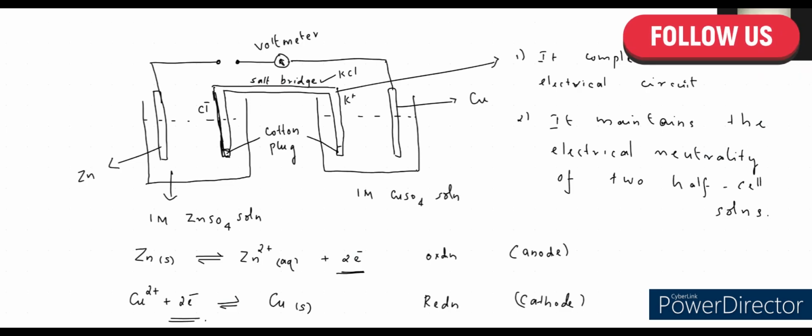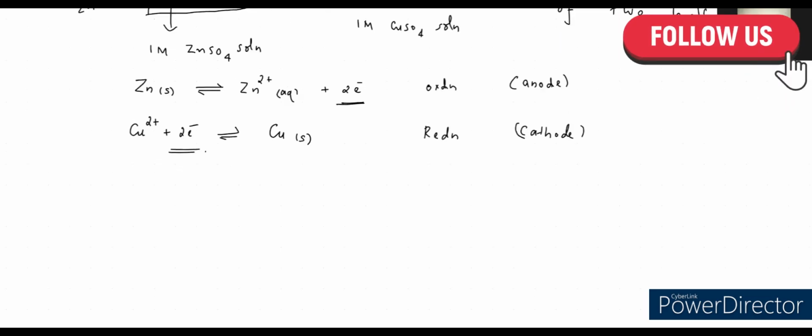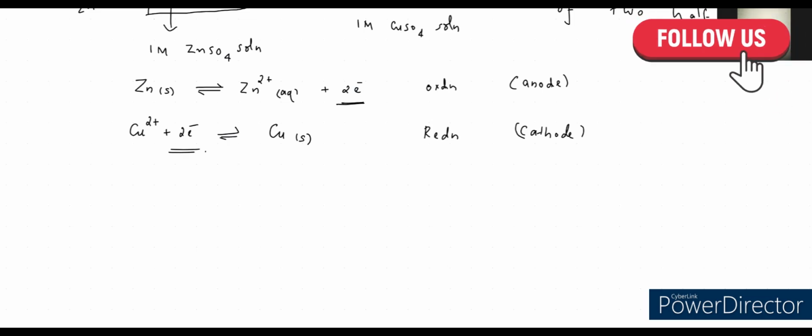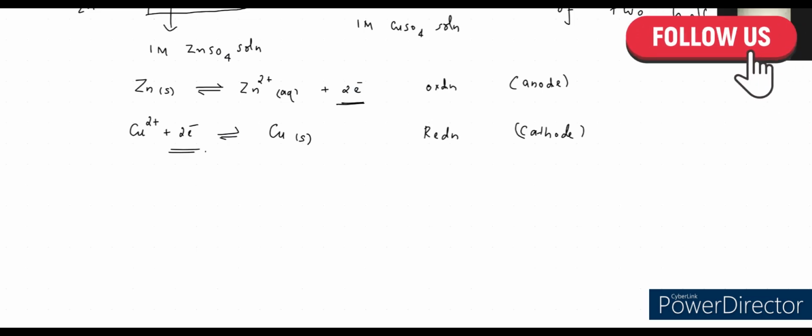Now let us see the cell representation. What is a cell representation? In cell representation, you need to write the anode, anode ions, salt bridge, cathode ion, and cathode material in this order itself.